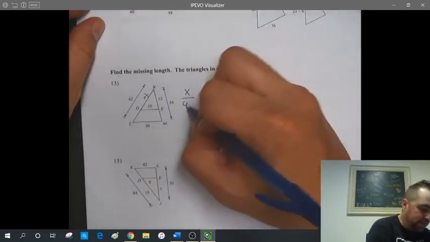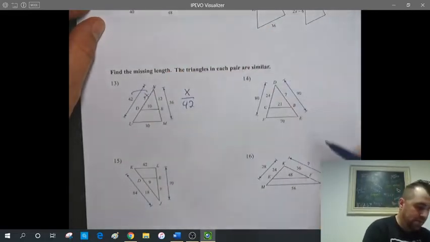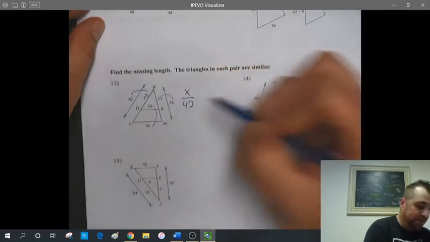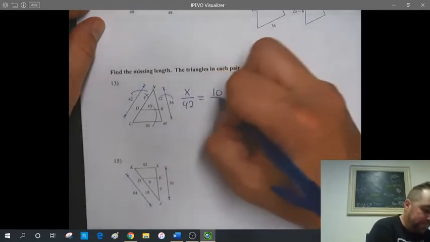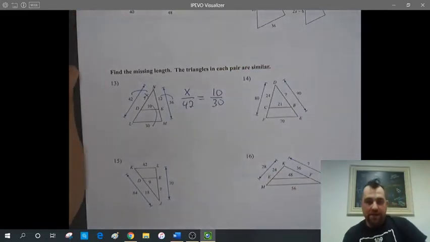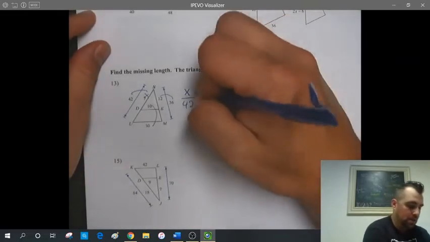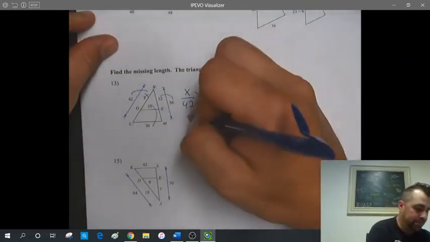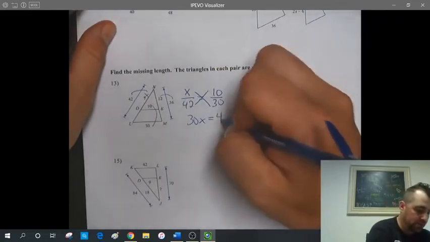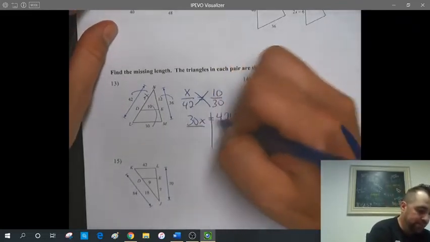So x is to 42, so those two things compare. And then I can use either comparison of 12 to 36 or 10 to 30. Go ahead and use that one for my other ratio so that I can solve my proportion. Cross multiply here. I get 30x is equal to 420.